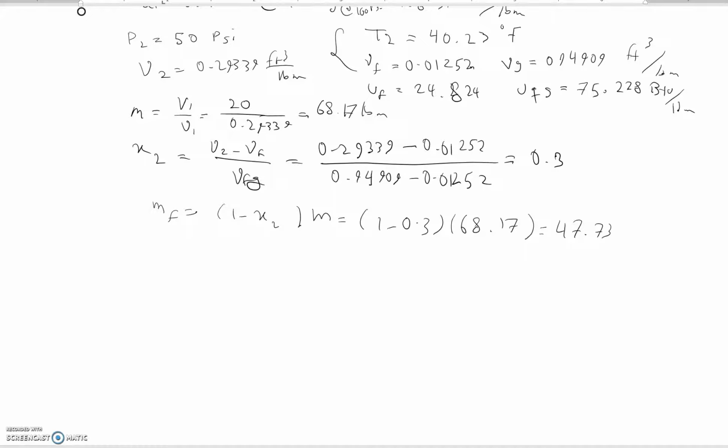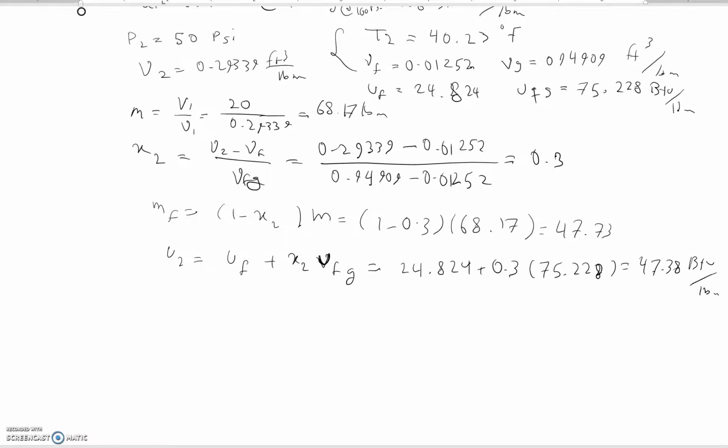And you can calculate the internal energy, therefore, which is UF plus X2 UFG. That's not nu, that's U2. That's 24.824 plus 0.3 multiplied by 75.228. You put the numbers in, you get 47.38 BTU per pound mass.